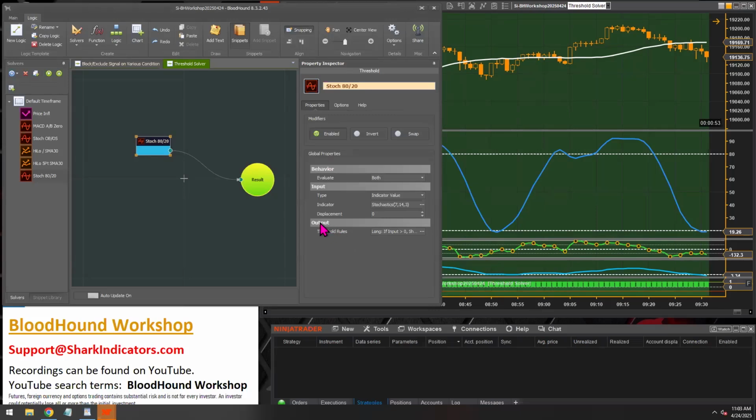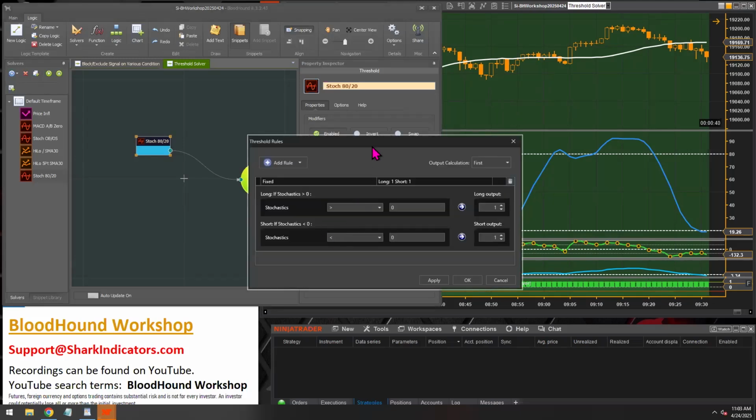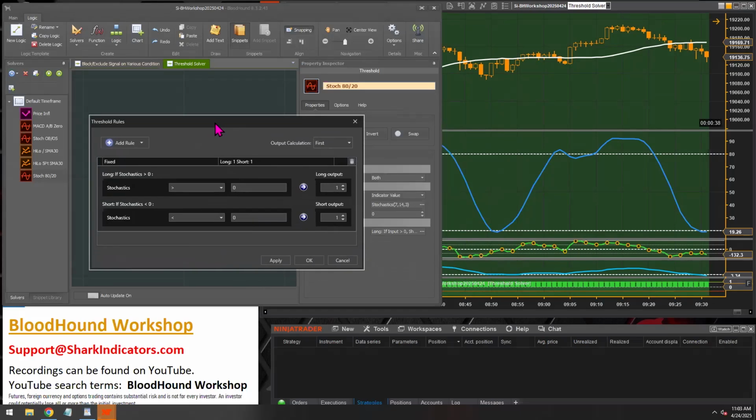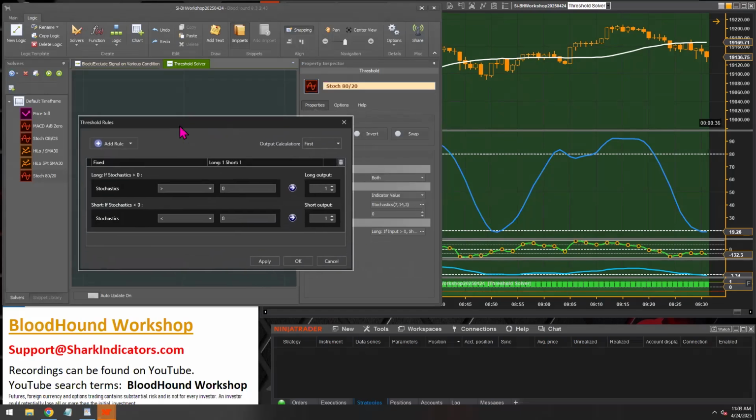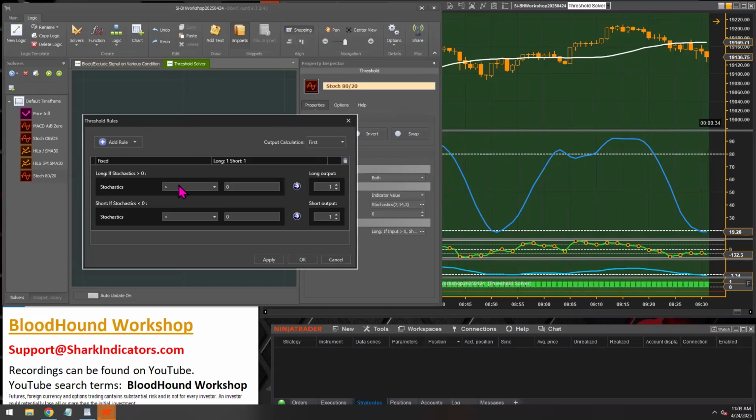Now with the threshold solver, more often than not, you do need to go in and adjust the threshold rules. So let's open up the rules window. The only time you don't need to adjust your rules is if you're just checking to see if your indicator is above or below 0.